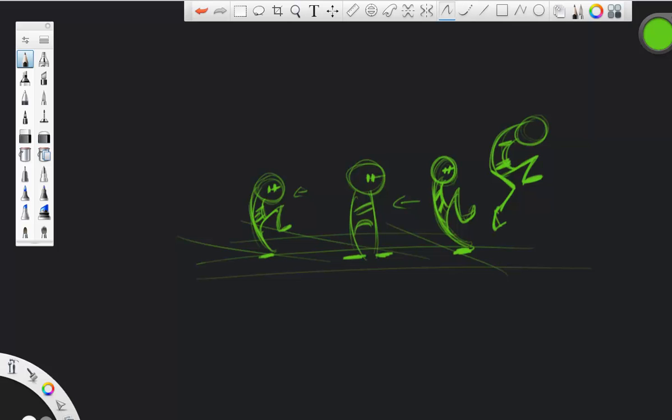Another trick I use for 2D tests is to keep one leg bent and the other leg straight, so that he's just jumped off the ground. Or maybe if he's landing on the ground, so that he's landing.